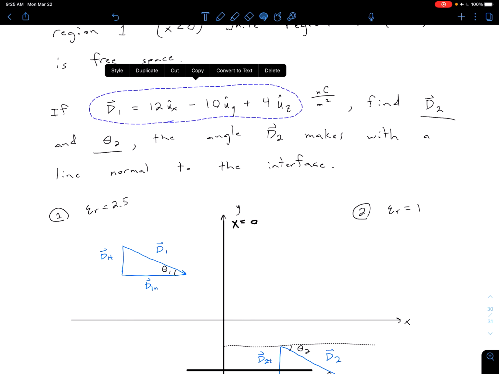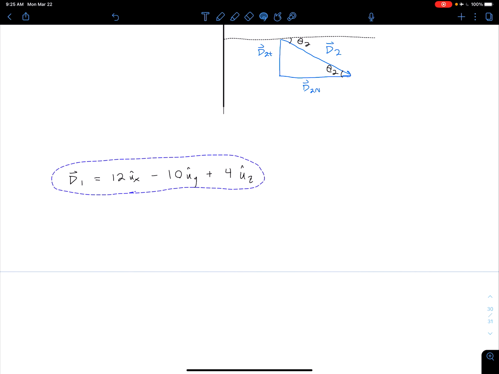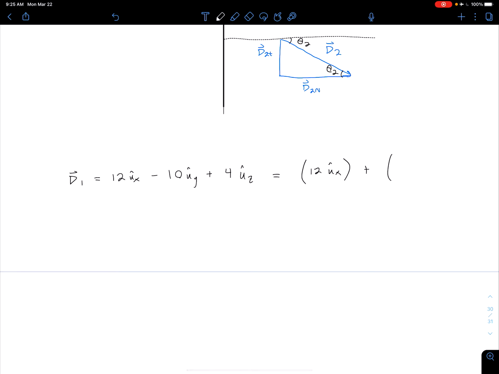And what we're going to do is break it apart into its normal and tangential components. Okay, so let's rewrite this explicitly: we have D1 is equal to 12 u of x plus negative 10 u of y plus 4 u of z.